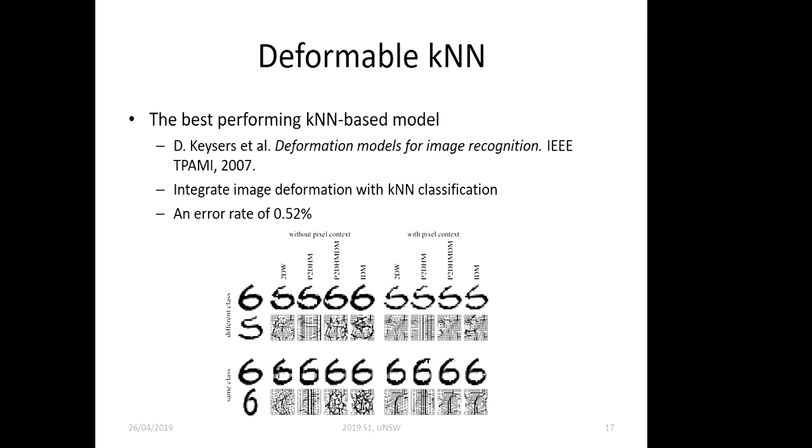I will just talk a bit more about KNN, the K nearest neighbor. Remember that if we just use 3 nearest neighbors with direct computation of distances, we get a 5% error rate. But with another approach, about 10 years ago, you can get the error rate down to just 0.52%.